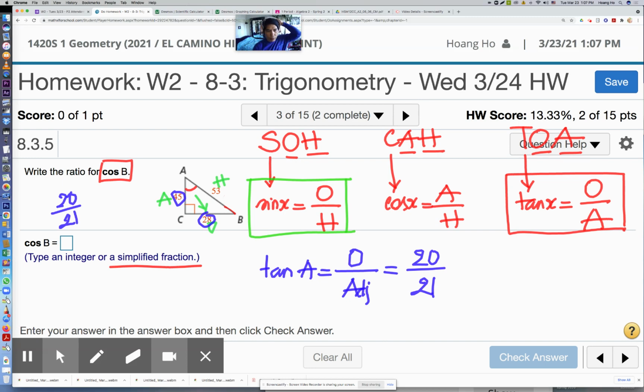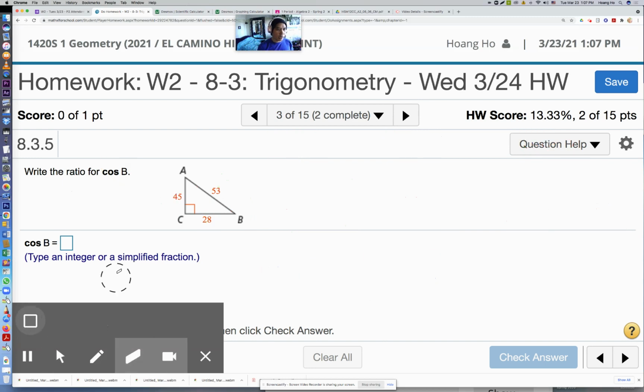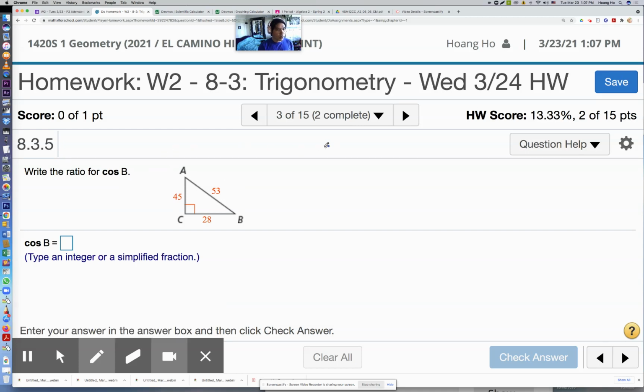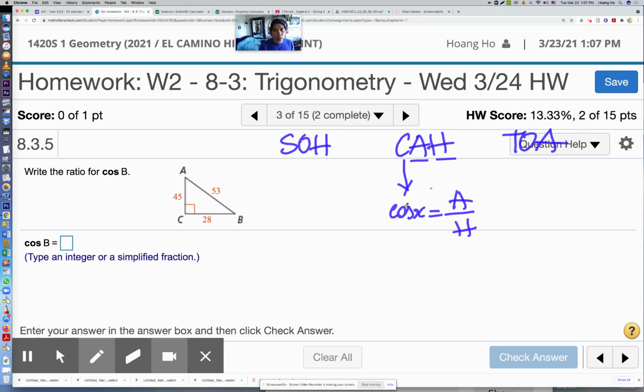Now question number 3. I deleted everything, but that's okay. So CAH, cosine. If you want cosine, that would be adjacent over hypotenuse. So cosine of angle B. Angle B is right here.